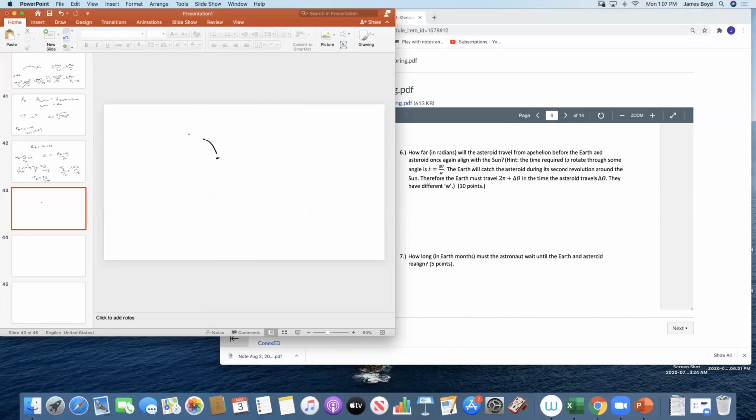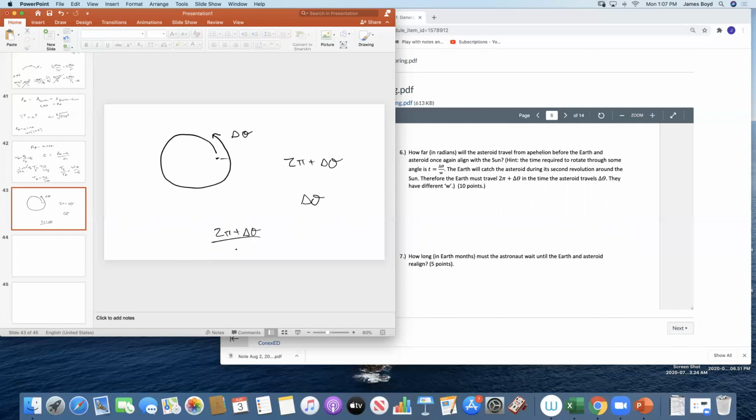So the Earth will go all the way around and come back to wherever the asteroid is, right? The distance the Earth has to go is 2 pi plus delta theta. The distance the asteroid has to go is only delta theta, but they're the same, right? So for Earth, 2 pi plus delta theta is the distance it travels.